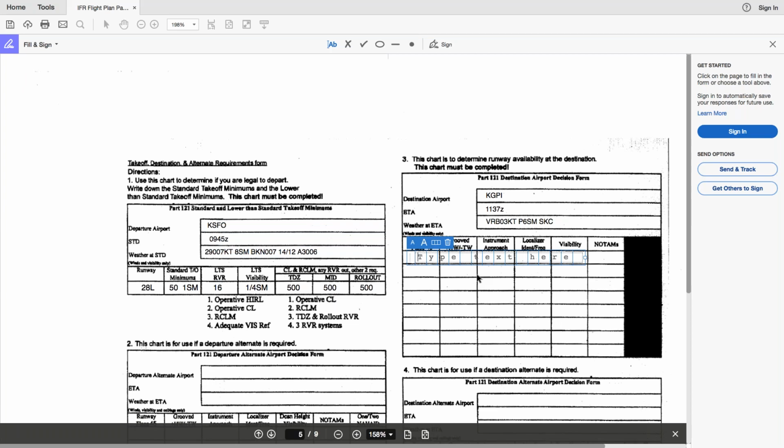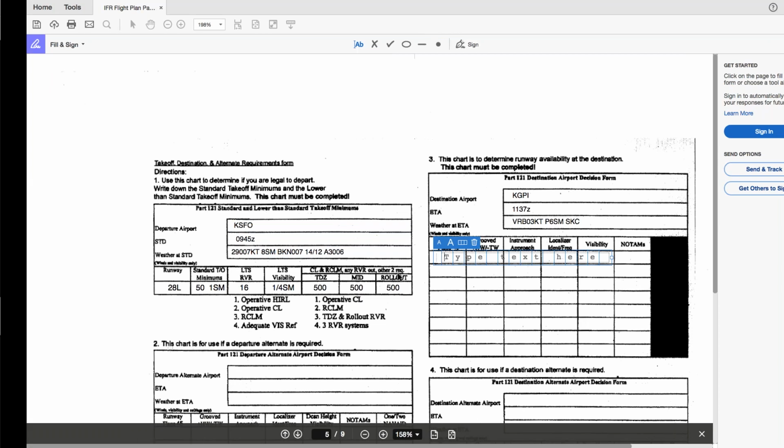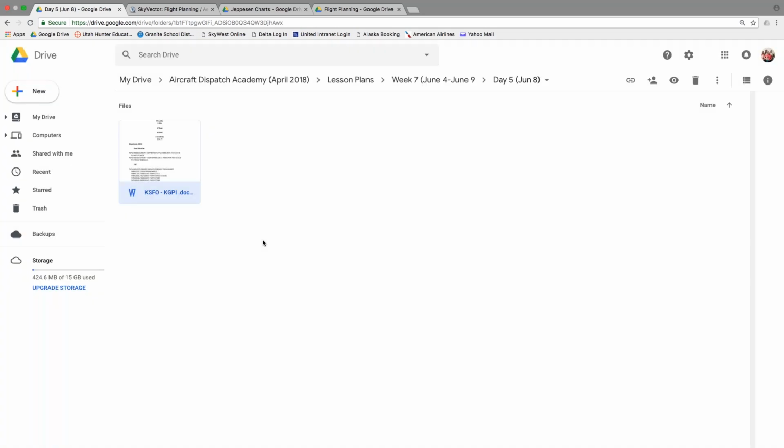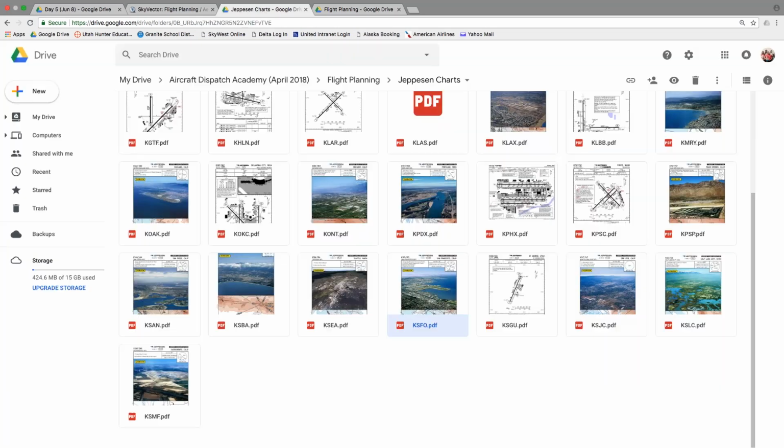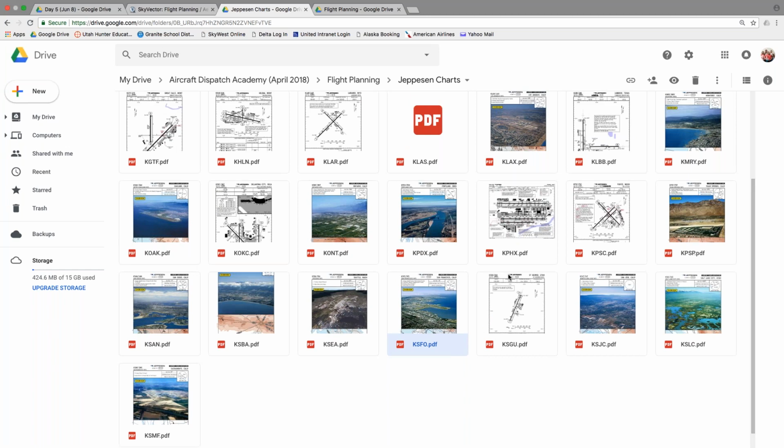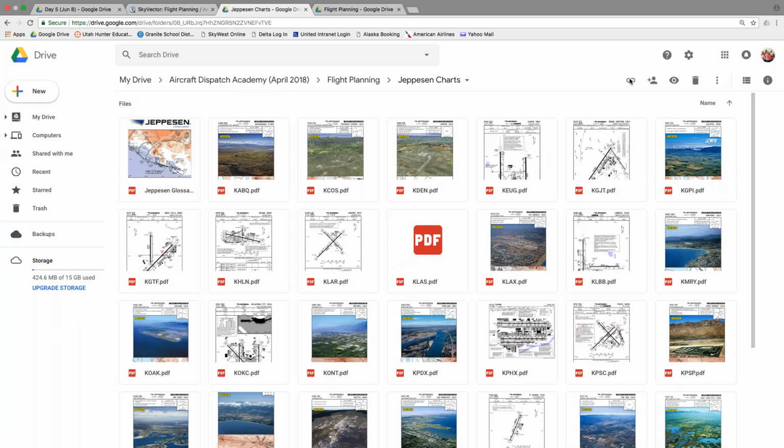Okay, runway. Does it matter what runway we choose when the wind is variable at 3 knots? No. So let's just pick a runway at GPI. Don't even need to think about this one too hard.